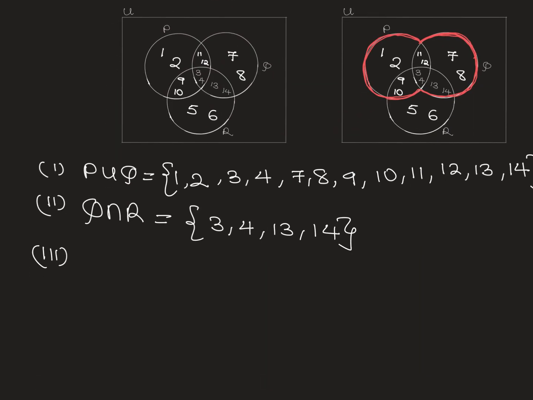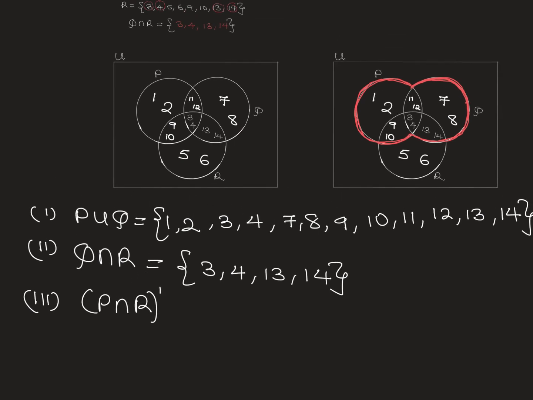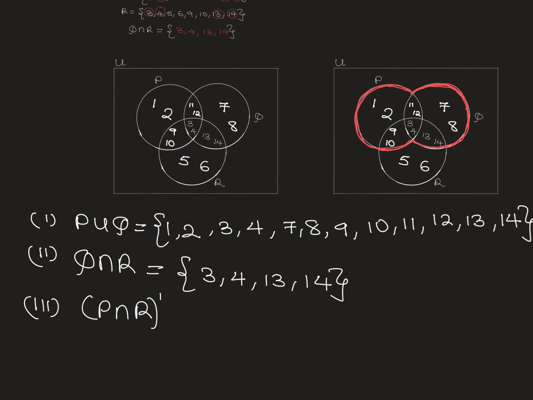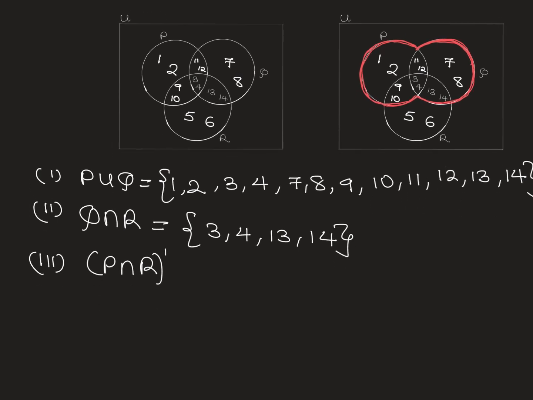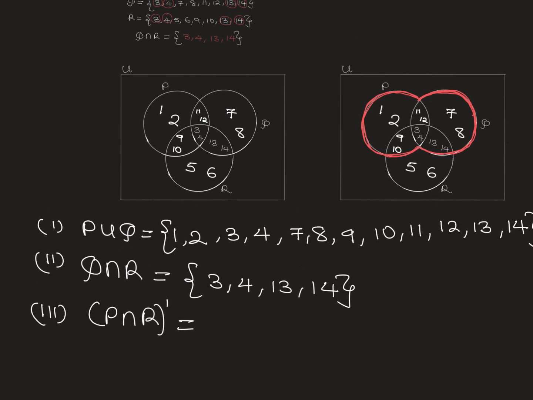Is P intersection R all complement? What that means is identify P intersection R. If you exclude that, whatever you have in the universal set, you need to write it down. So if I should identify P intersection R, where is it? Let me try to extract this diagram again.